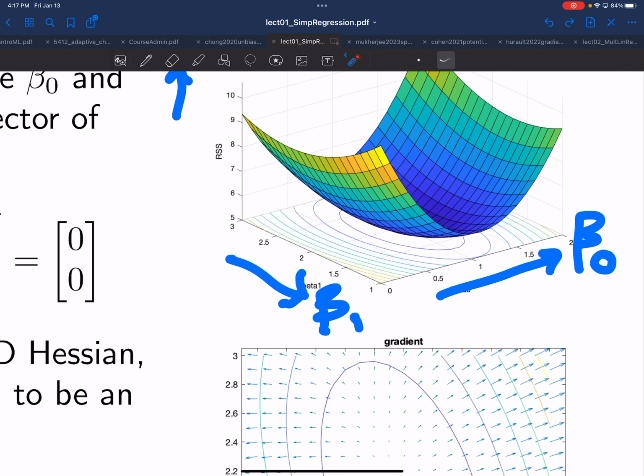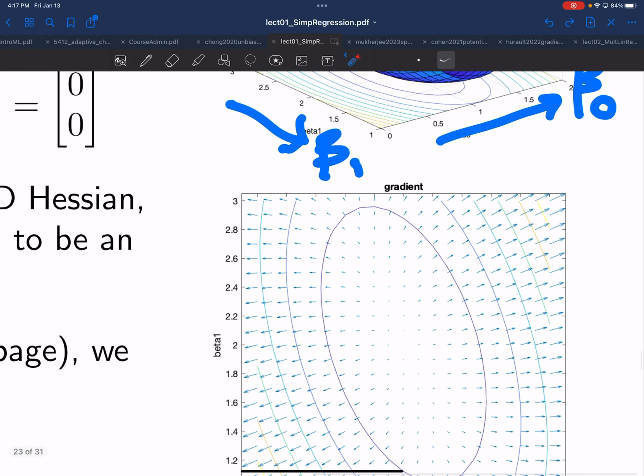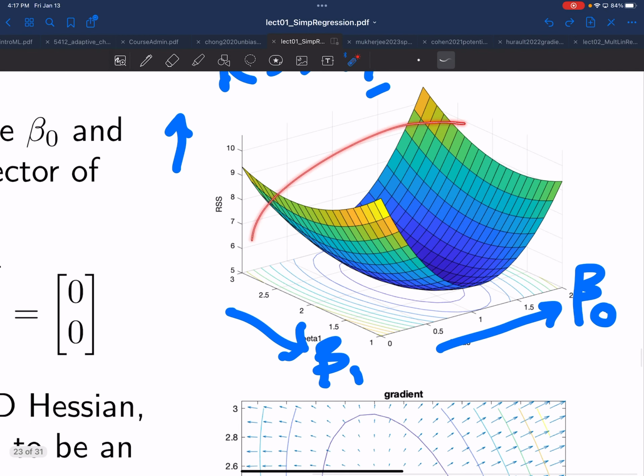What that means is as you get farther away from the minimum, it gets steeper and steeper. Right? So you can see the gradient lines getting larger and larger as you go farther away. And that makes sense. This is what we call a paraboloid, which is just a multidimensional extension of a parabola. It's just a parabola simultaneously in the different dimensions.